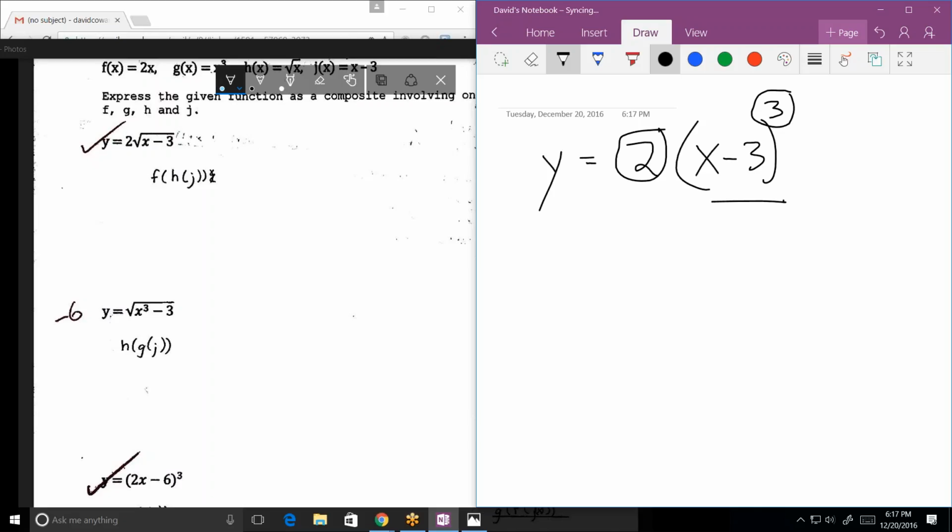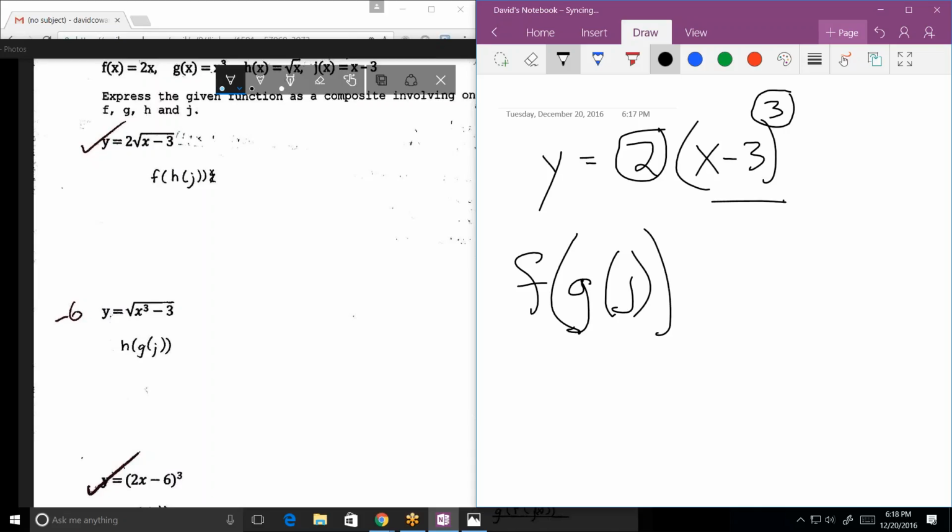Okay. So if we work backwards, it should be F on the left, G in the middle, and J at the end.